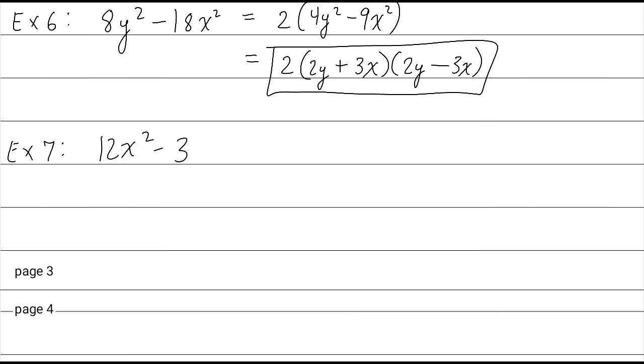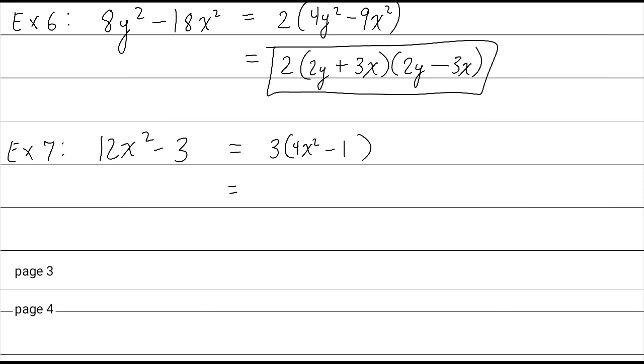Okay, let's do 12x squared minus 3. Again, I'm going to need to factor out a common factor first. 12 and 3 are both divisible by 3. If I divide this by 3, I get 4x squared. If I divide this by 3, I get 1. 4x squared minus 1 is difference of squares.